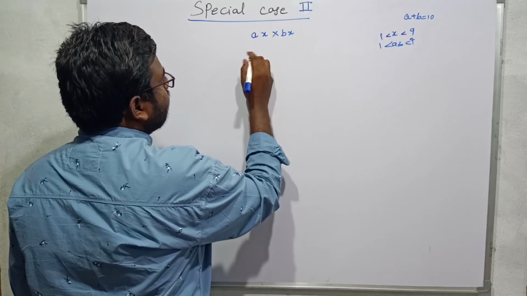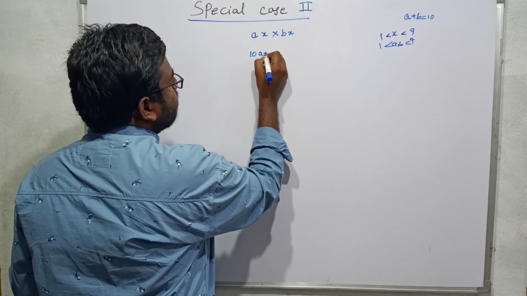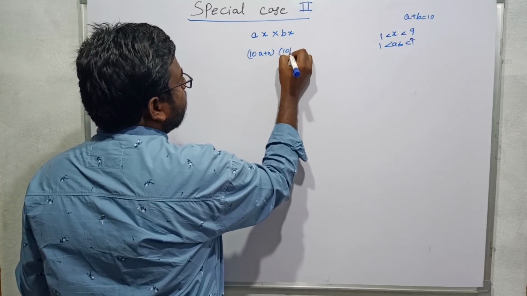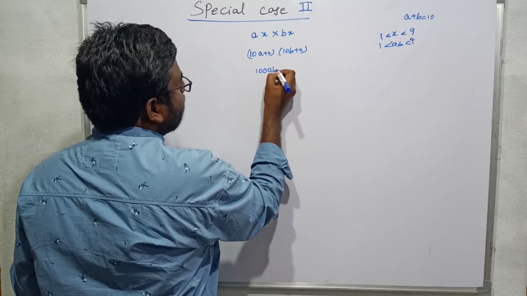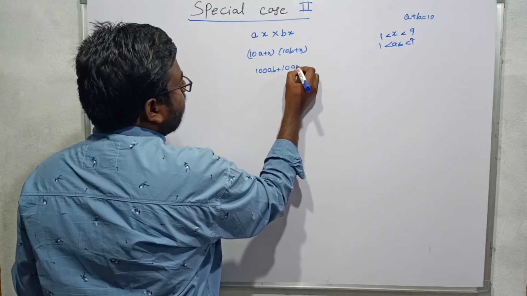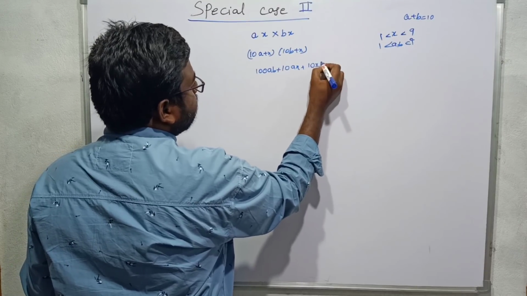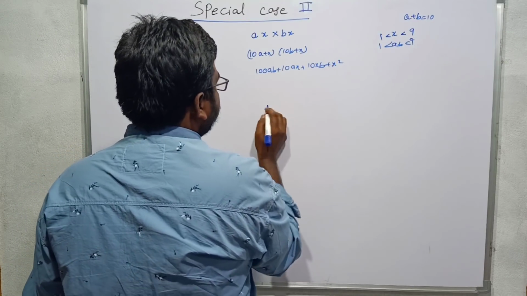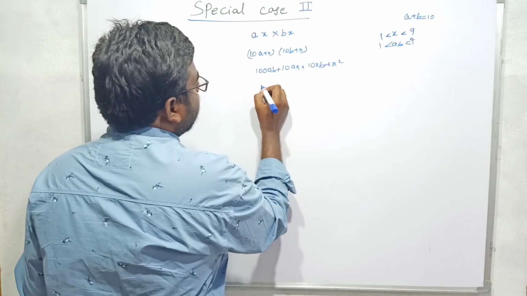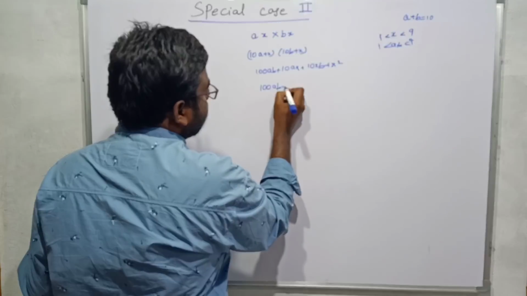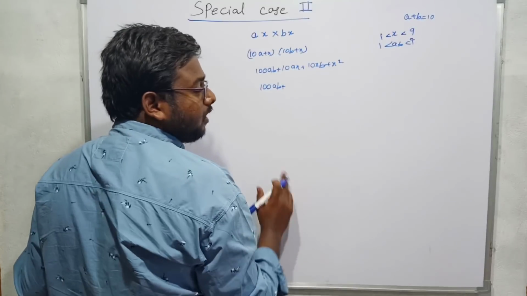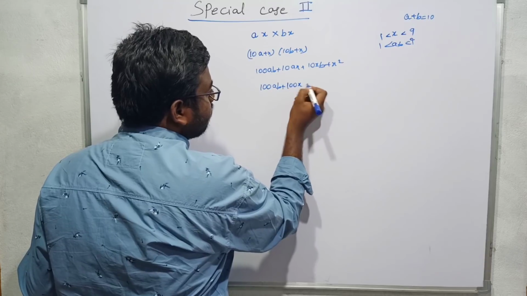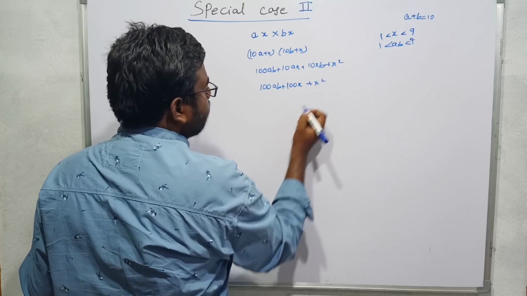For example, the result will be 10a plus x, 10b plus x, 100ab plus 10ax plus 10xb plus x square. If this is 100ab plus, if I take 10x common, I will get a plus b equal to 10, so this is 100x plus x square.